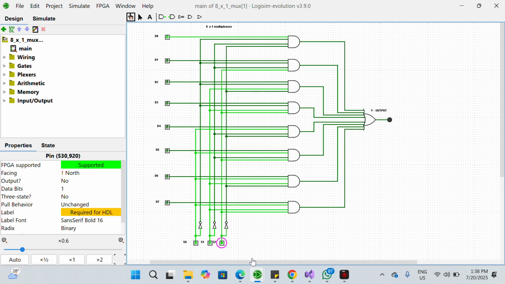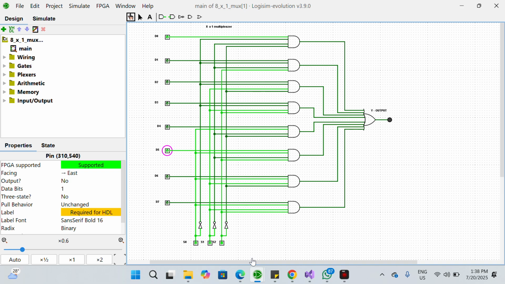So if S2 is 1, S1 is 0 and S0 is 1, the input D5 is selected.